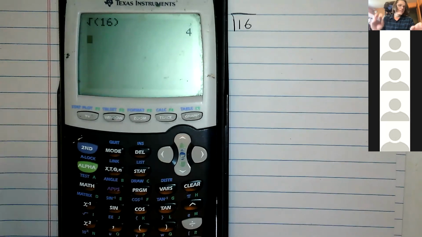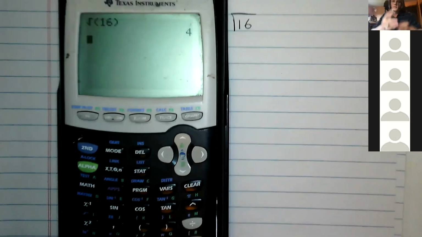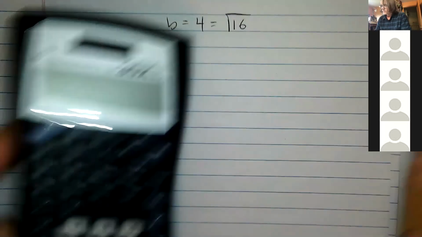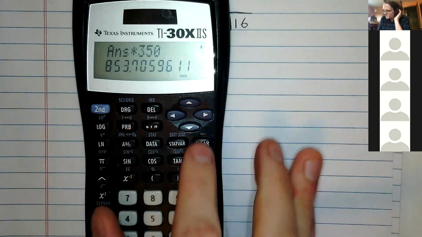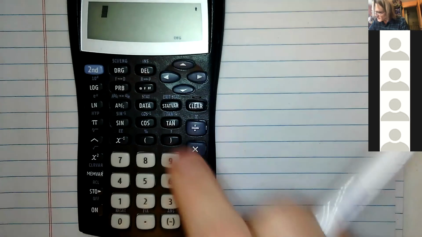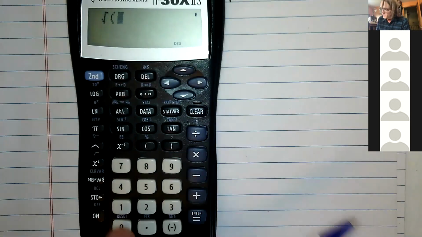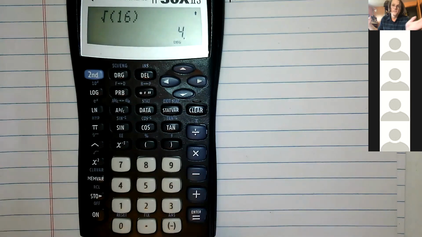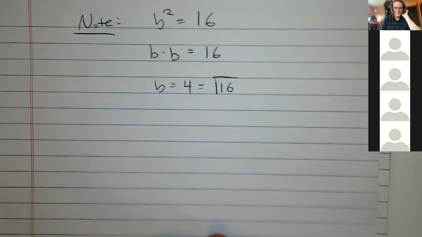On the other calculator, it's similar: second, x squared, then 16, and you get 4. Some of these you would just know, like the square root of 16, you could guess. If it's more complicated, you might need a calculator.